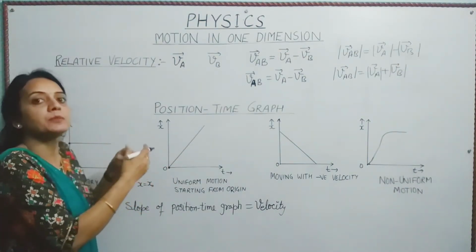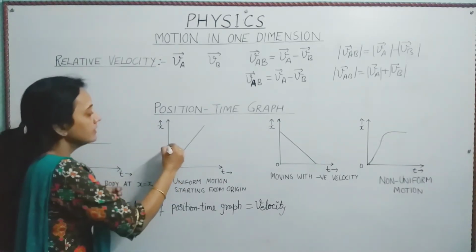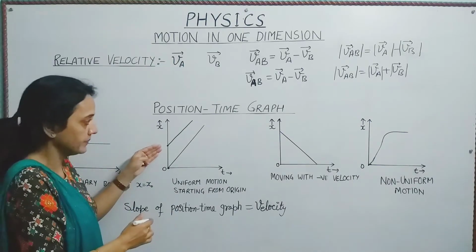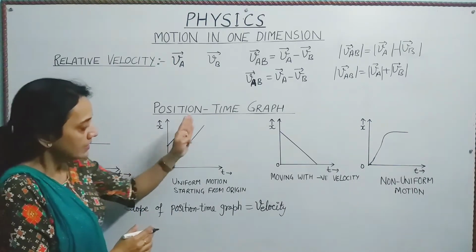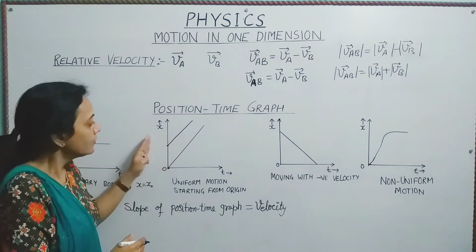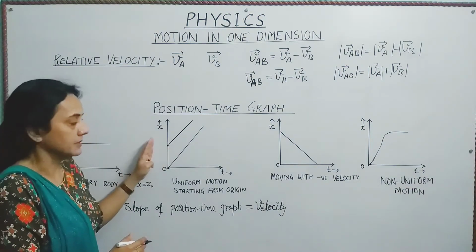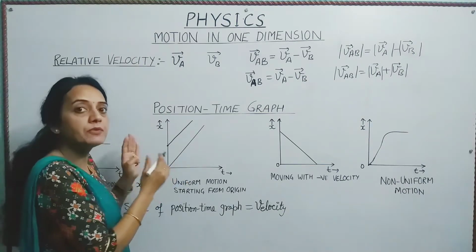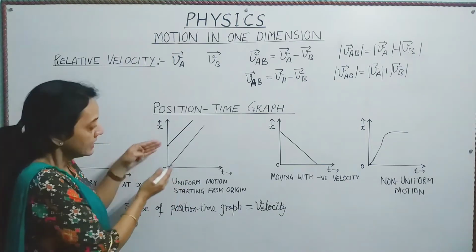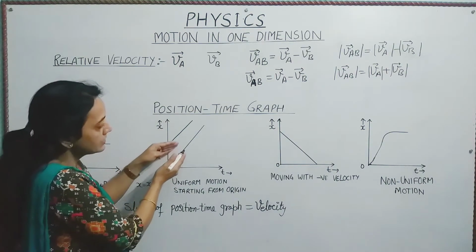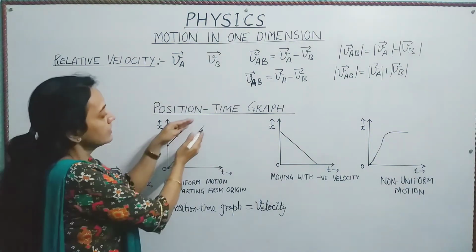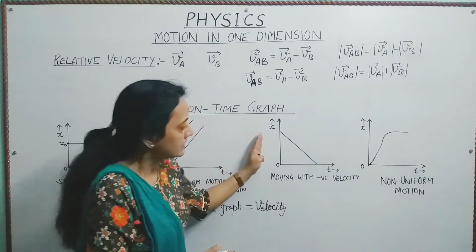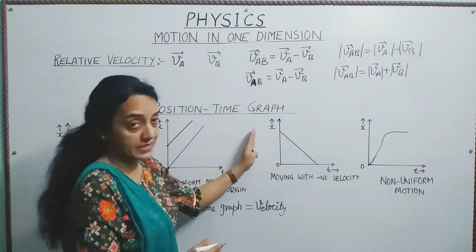If the body starts from any other point, the line will start from that position. From this position-time graph we can find the velocity of the body, which I'll tell you later on. Here I can say that the velocity of the body is constant. Okay, now we come to this graph.